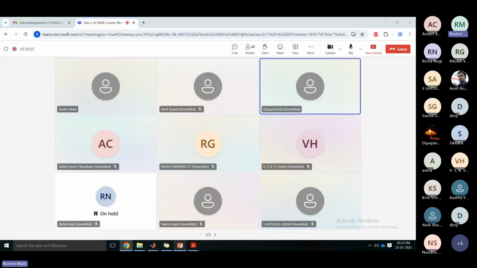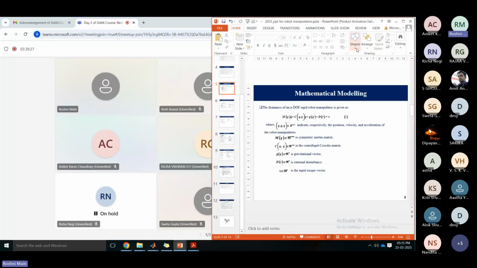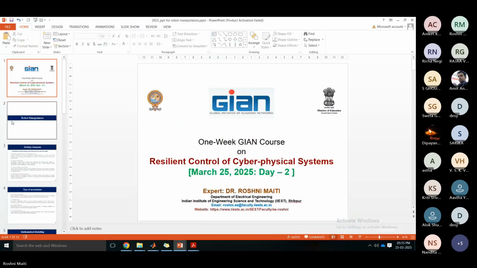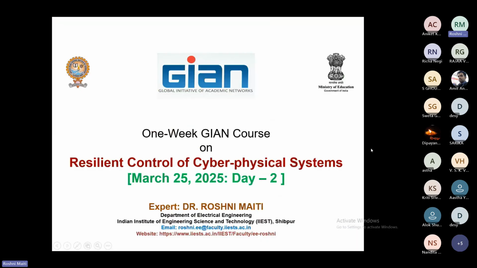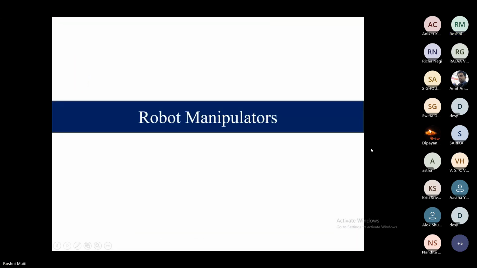Okay. Then we can continue to the next one, another type of model-free control we are now discussing, and this one we will implement on a robot manipulator.